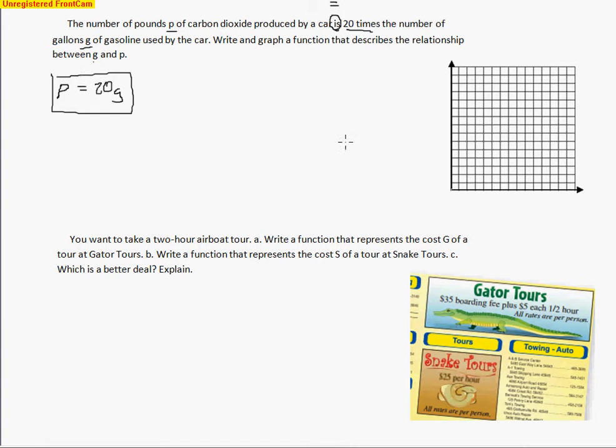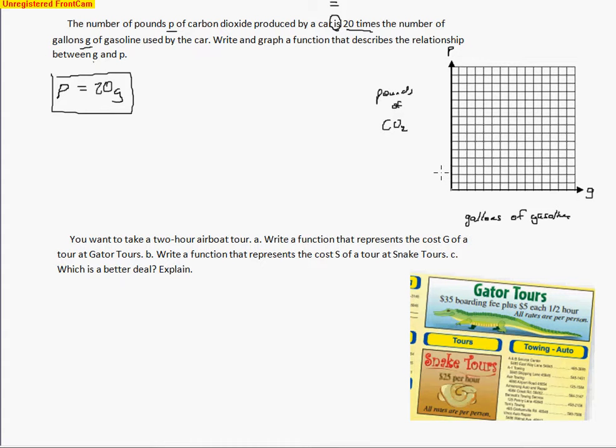And so now we're going to graph that. I'm using G as the independent variable, so the gallons of gasoline will go on the x-axis, and this is actually my g-axis I'm using, and here's my p-axis, and this is pounds of CO2, carbon dioxide. Since I've got lots of space here, I've got to go 20 times, so I'm going to go by 20s.